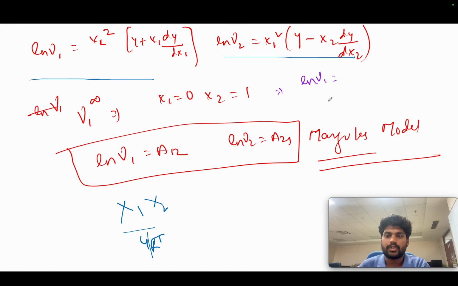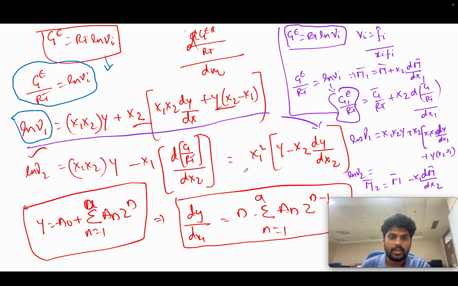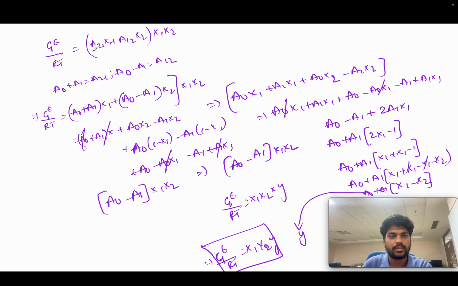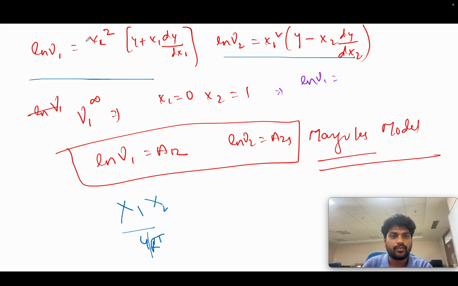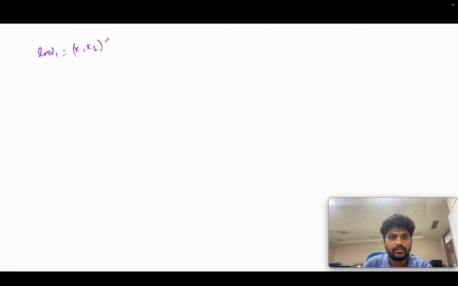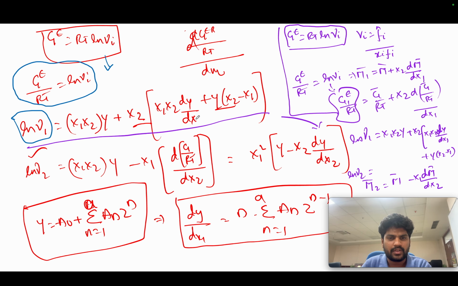So then ln y1 equals to, so what is the ln y1 equation which we have? The ln y1 equation which we have was x1 x2 of y plus x2 of x1 x2 of dy by dx1 plus y of x1 minus x2 minus x1. I think this is the equation which you have.